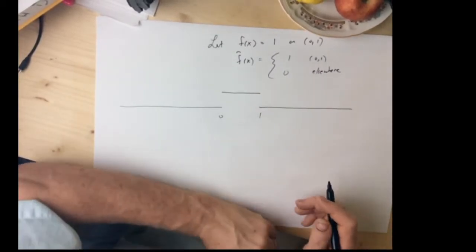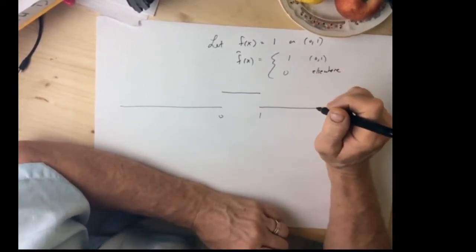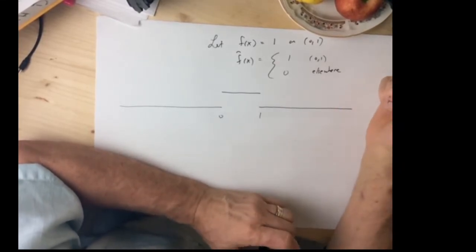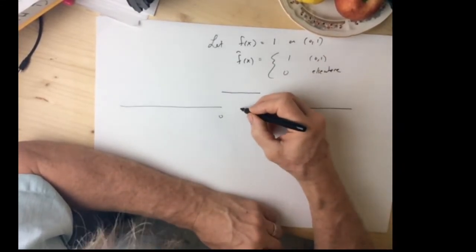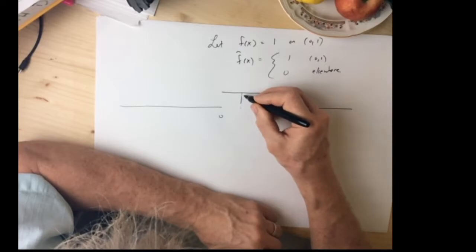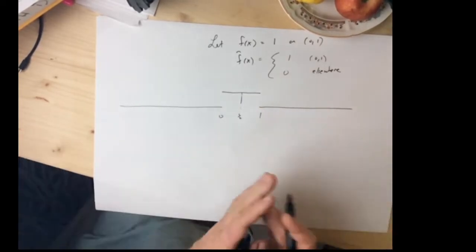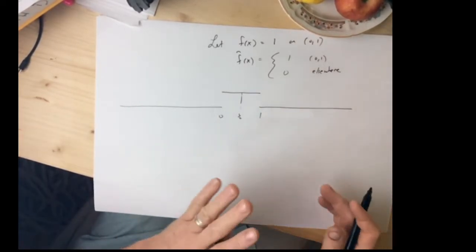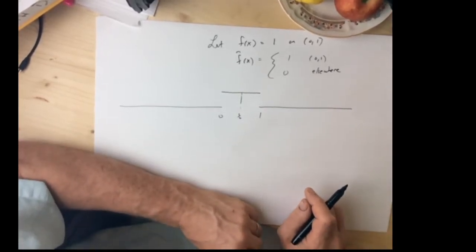And now, it seems to me that the idea of middle, the idea of average, should be that the number 1/2 seems to be right in the middle. In fact, it seems to even be a fulcrum point, a balance point.